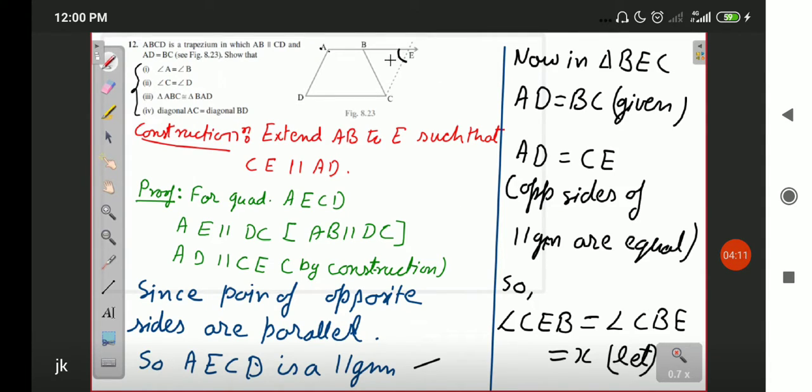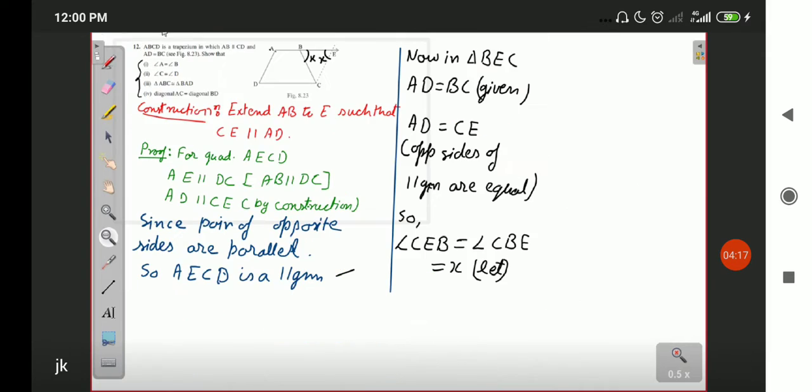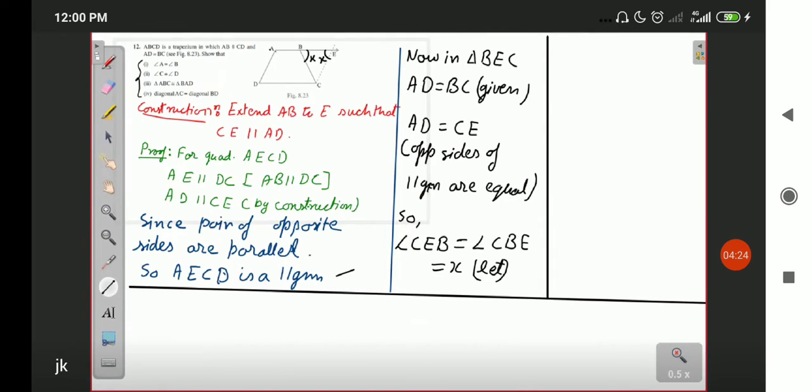This is x and this is x. Okay. Now moving on with the proof.